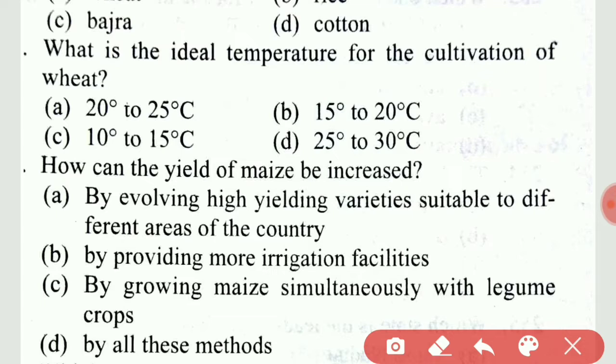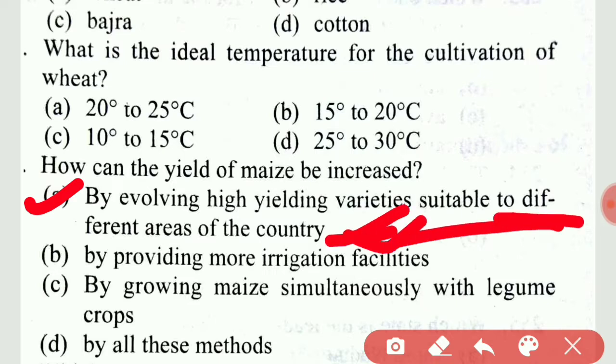The correct option is option A, by evolving high yielding varieties suitable to different areas of the country.